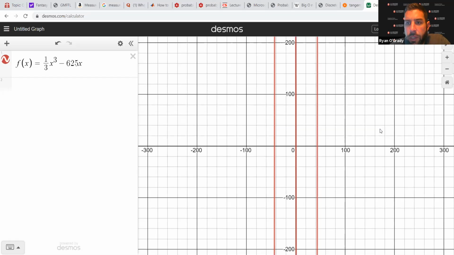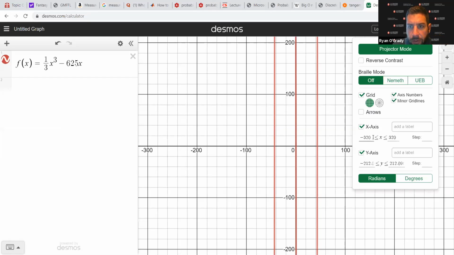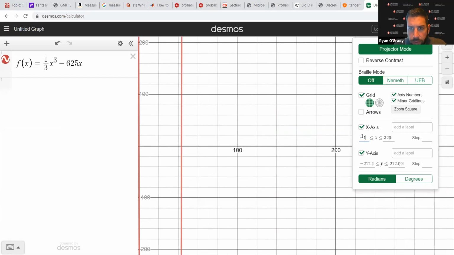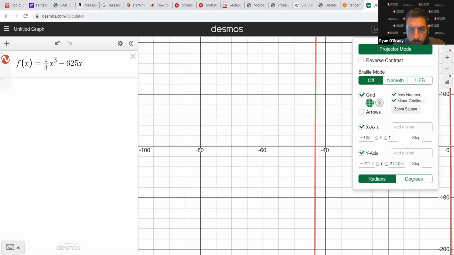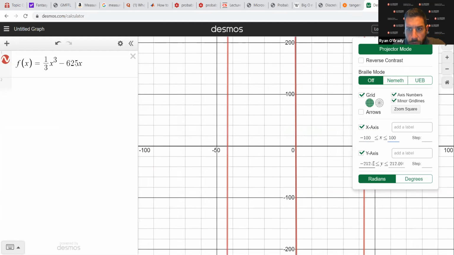Now, of course, if we were using our brain a little more, we might say, let's go up here and change our axes. Maybe it looks like it's between -100 and 100. And then who knows what's happening down here? How big is this creature?